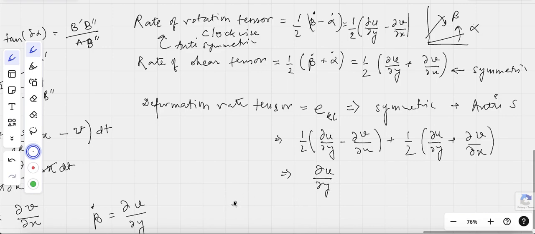Or in a more general term, EKL shall be equal to duk by dxl. This is the deformation rate tensor.